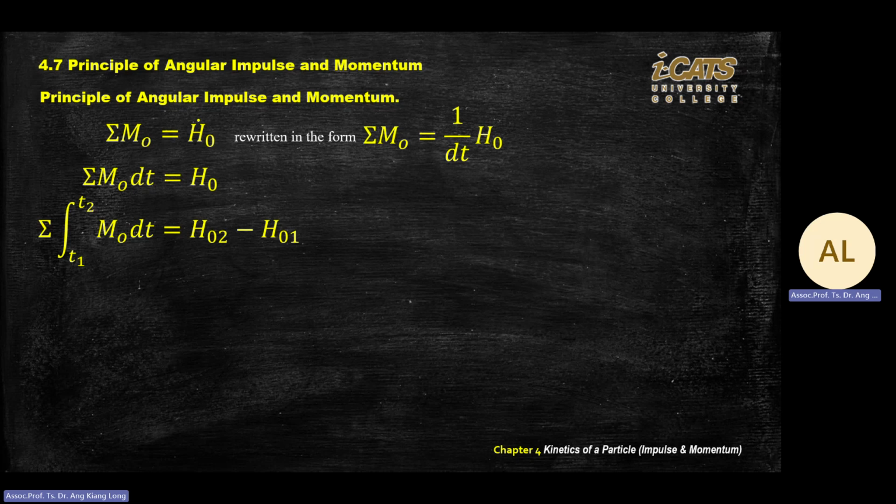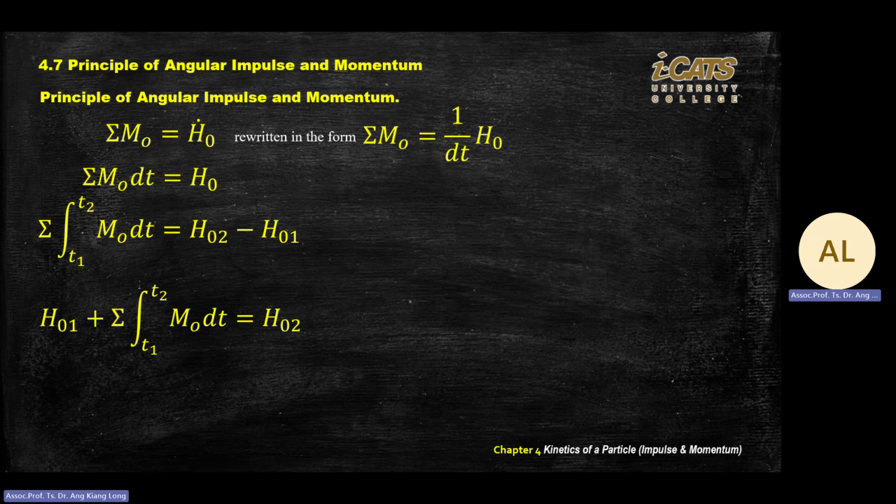The complete name for this principle is actually the principle of angular impulse and angular momentum, but because both are angular, we just remove one of the angular terms in the name.